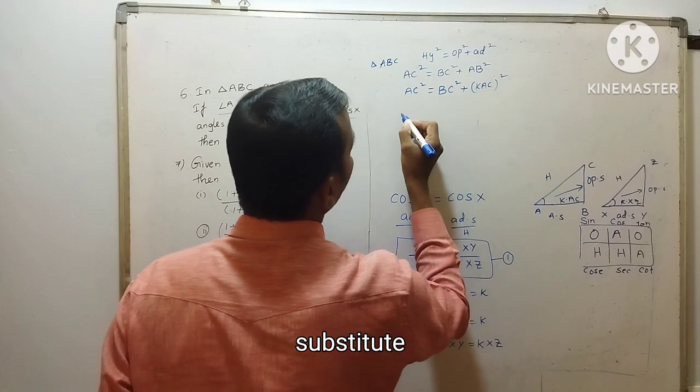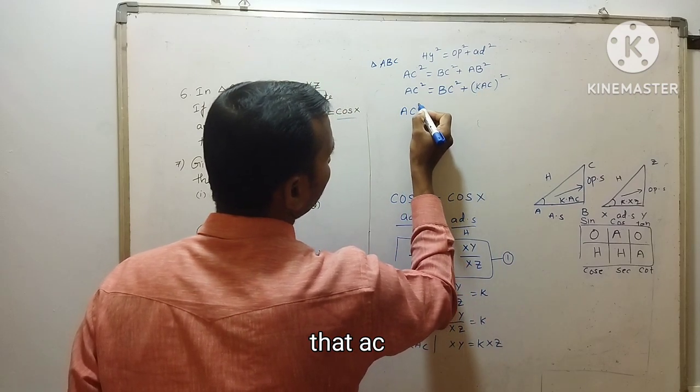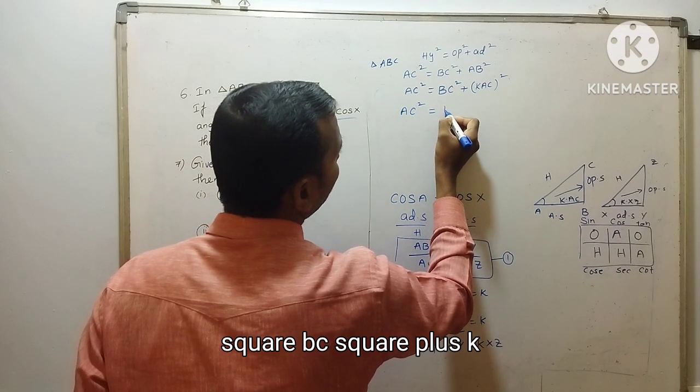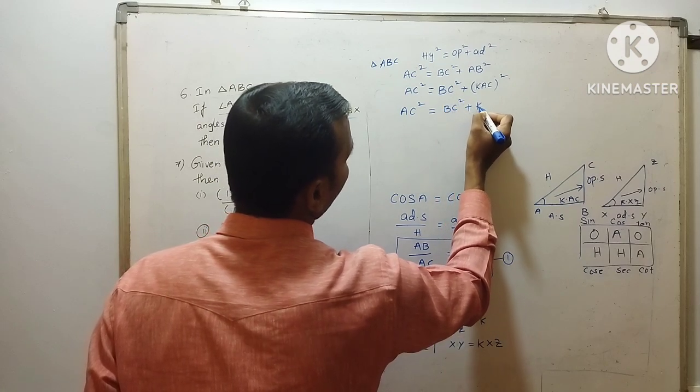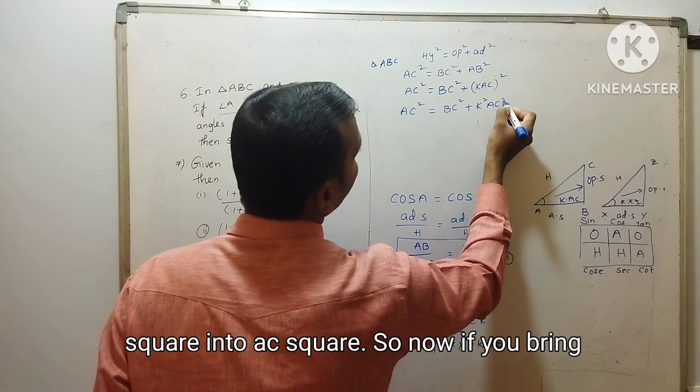Substitute there. AC square is equal to BC square plus K square into AC square.